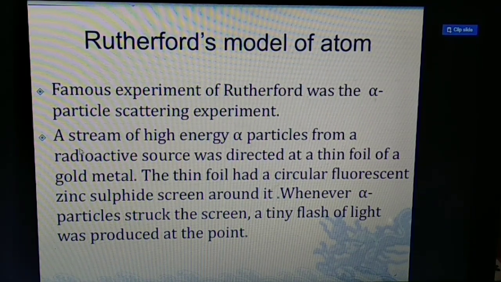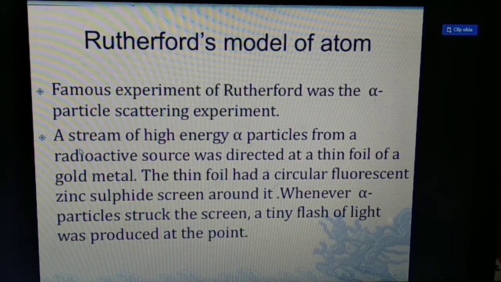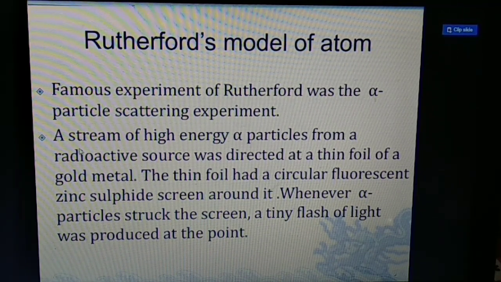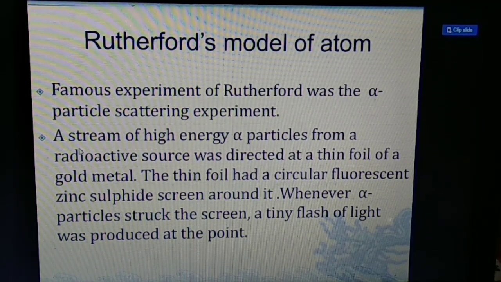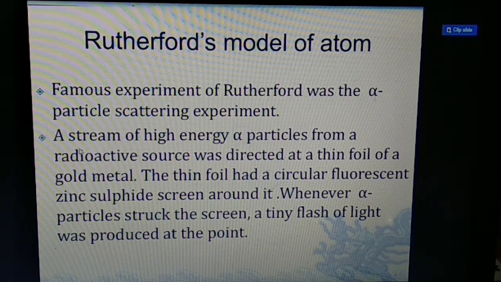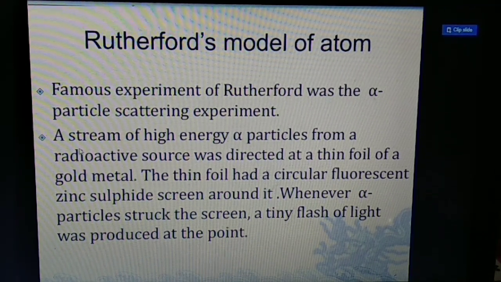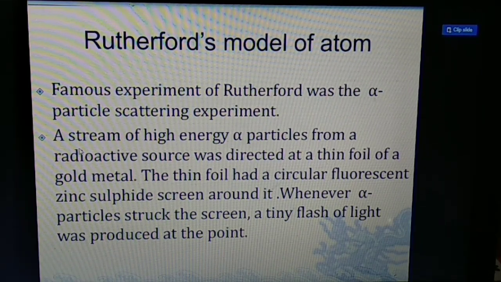Now I am going to Rutherford's model of an atom. The famous experiment of Rutherford was the alpha particle scattering experiment. A stream of high energy alpha particles from a radioactive source was directed at a thin foil of gold metal. The thin foil had a circular fluorescent zinc sulfide screen around it.